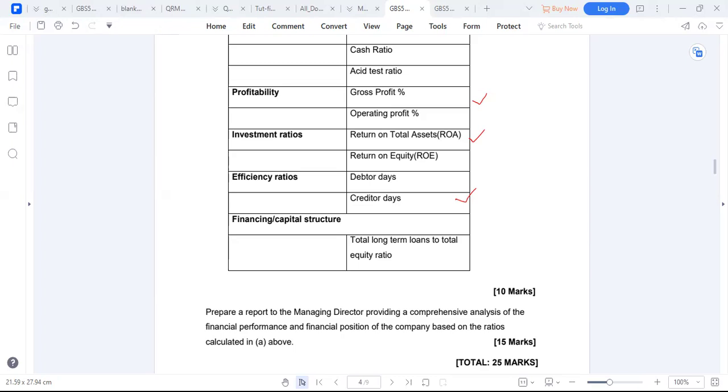We also make recommendations as financial analysts to put forward actionable recommendations that will help firms make decisions. So we'll also identify the areas of strength, also the areas of weakness, and also propose strategies of improvement. So this is basically an overview of what this ratio analysis is all about.